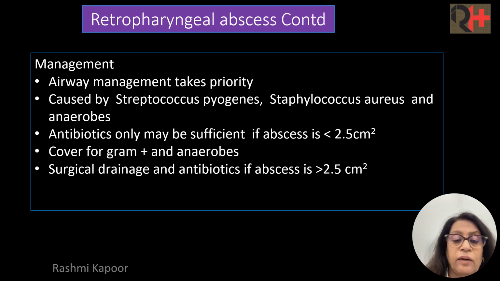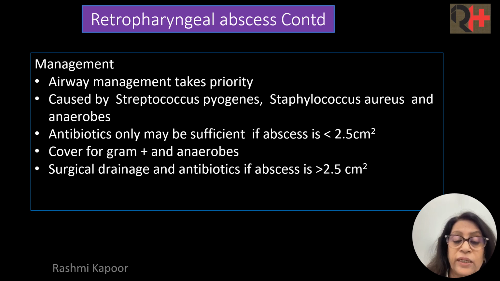For management, of course, for all these conditions, airway management takes priority because this child can go into acute respiratory arrest very soon. It is usually caused by Streptococcus pyogenes, Staphylococcus aureus, and the anaerobes present in the oral cavity.